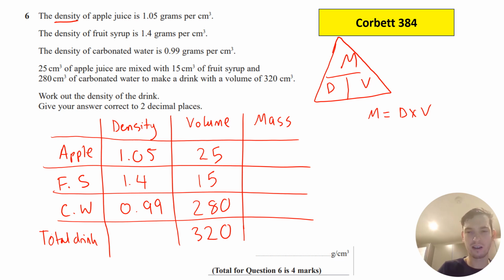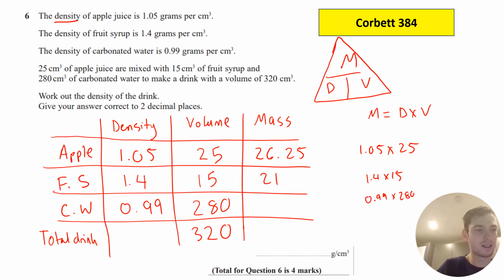So the first one is going to be 1.05 times 25. And I should just write out my working so that I get the credit for it. So that is 26.25. The next one, 21. And then the final one, 277.2.